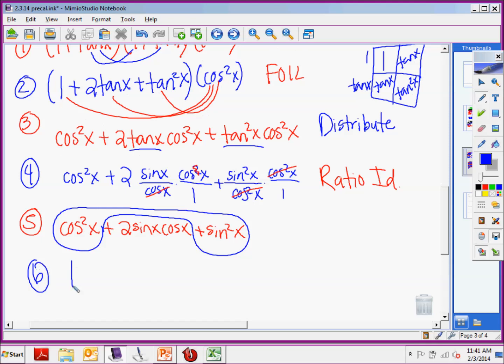So this is 1 plus 2 sine x cosine x. And what do we want? 1 plus 2 sine x times cosine x. And we proved it to be true by what identity? Pythagorean.